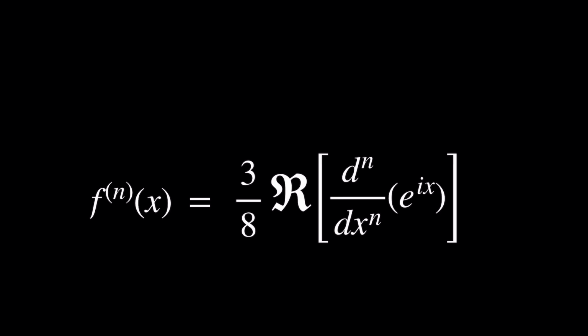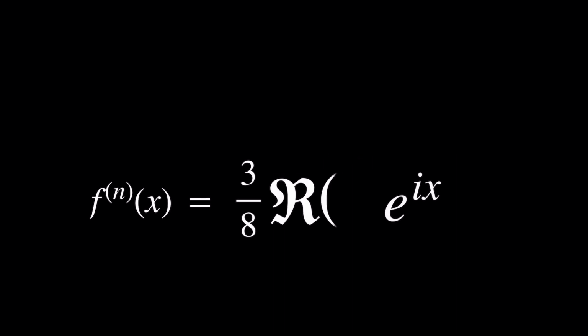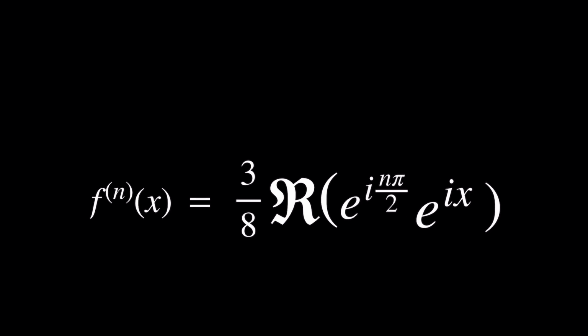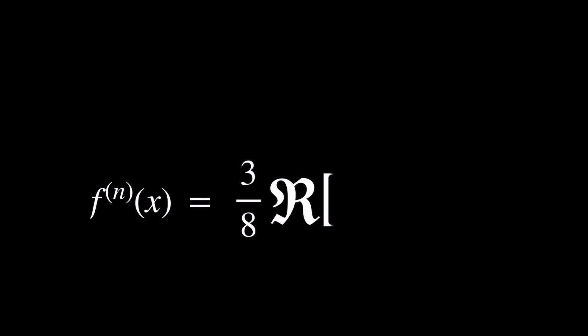Okay, so we have that, which gives us the real part of i to the n times e to the ix. And after simplifying that, we simply rewrite i as e to the i pi over 2. So we can combine the two exponents to get the following.